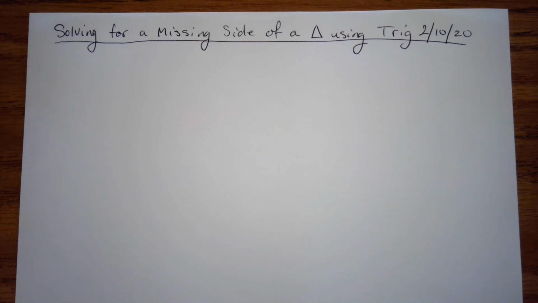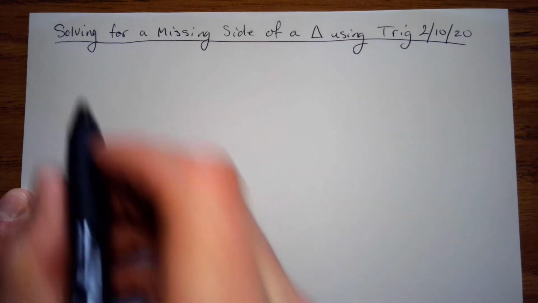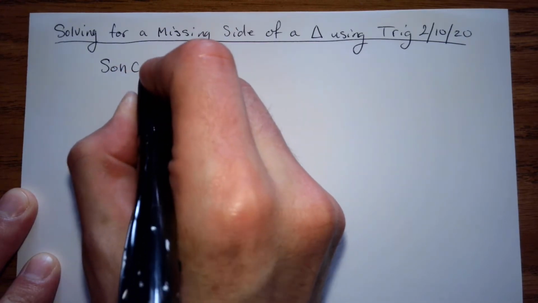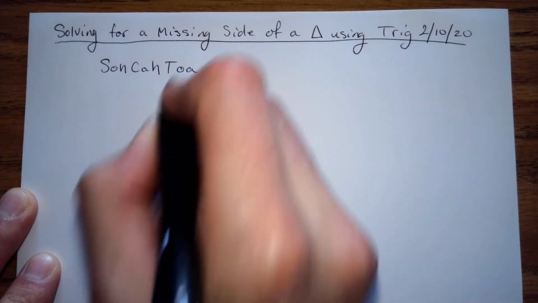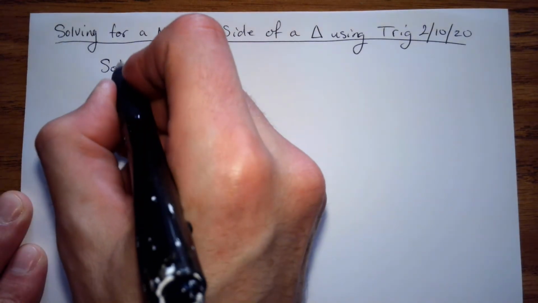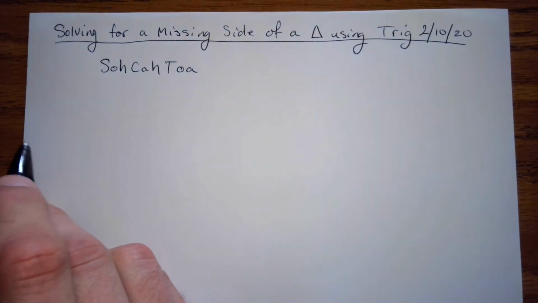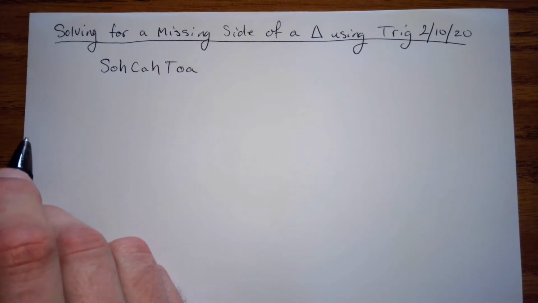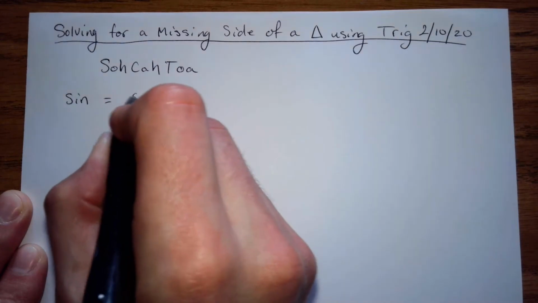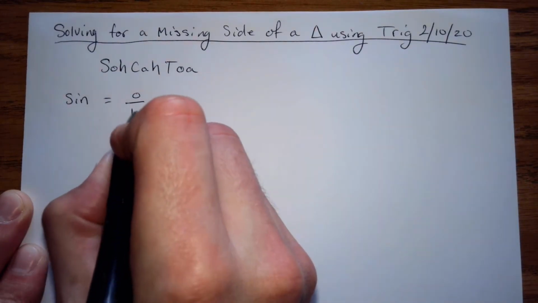Review something that we talked about on Thursday last week, which was the SOHCAHTOA thing to remember. And this meant that for triangles that were right triangles, only for right triangles, sine was the opposite side over the hypotenuse.